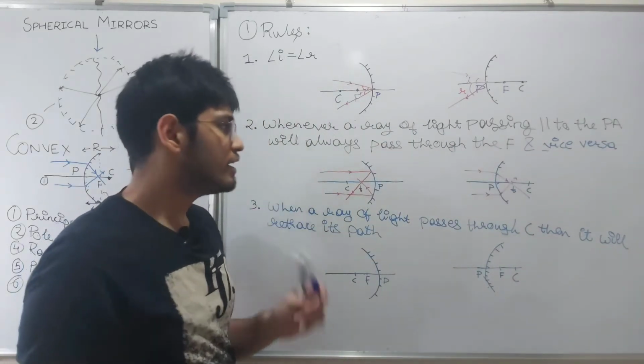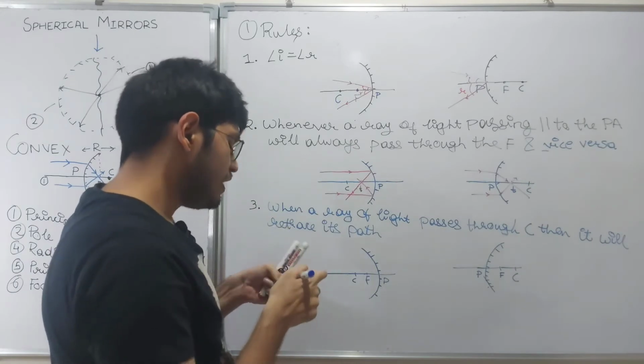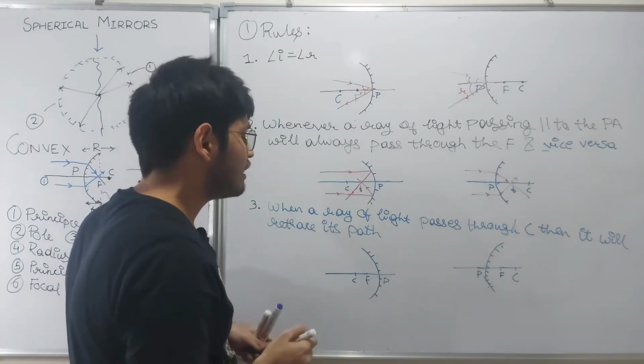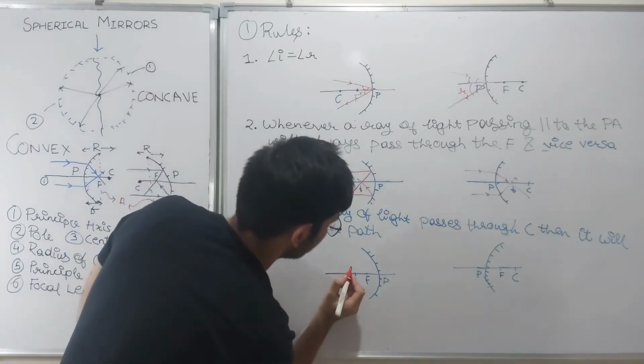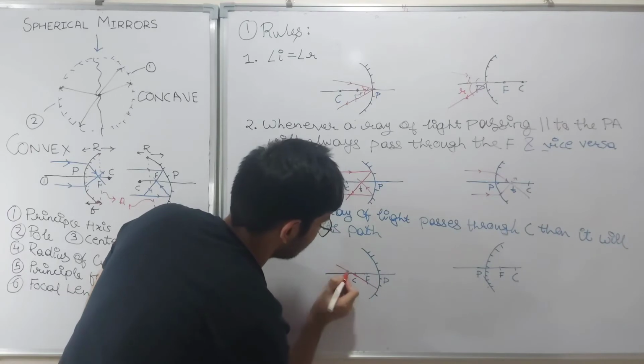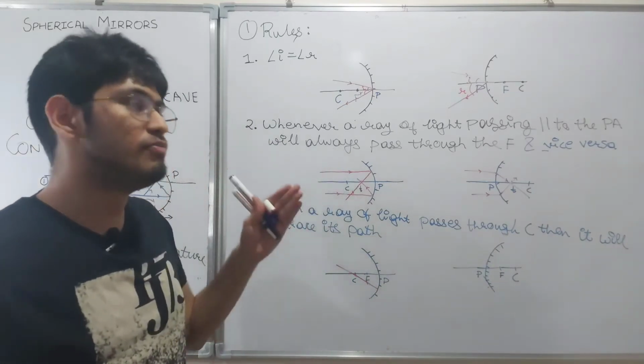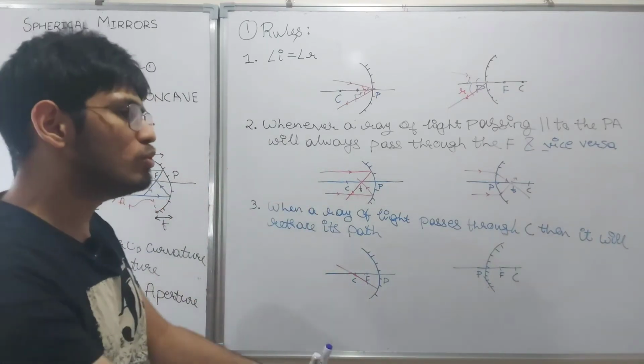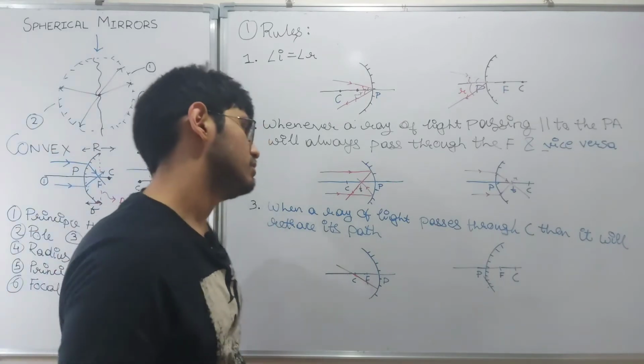Done. What will we do? We are just going to pass a ray of light through the center of curvature. Suppose it is passing something like this from the center of curvature, then this ray of light is going to retrace its path back.